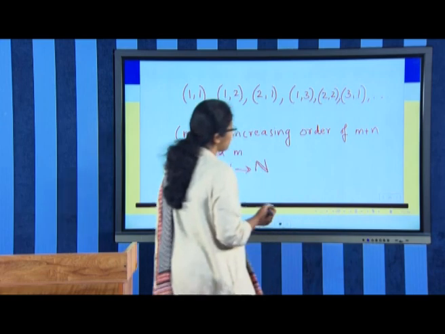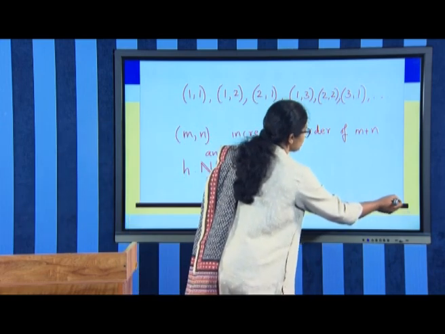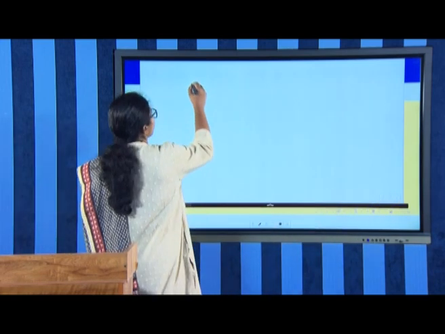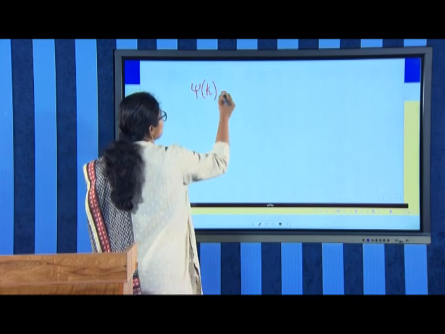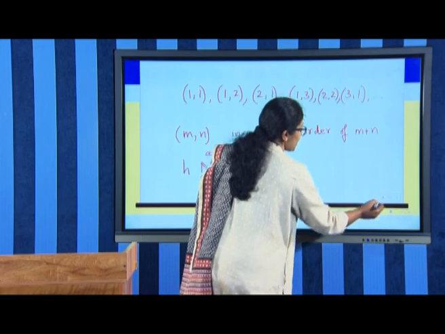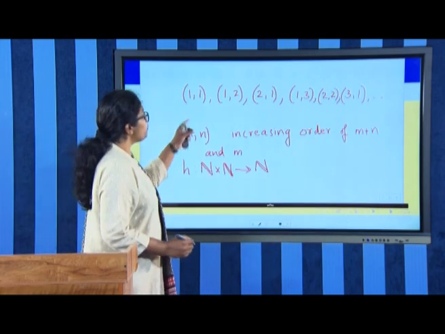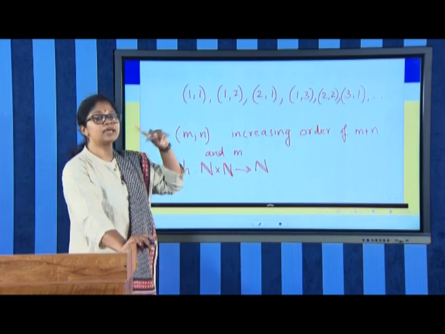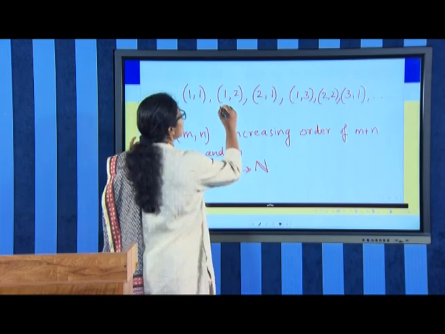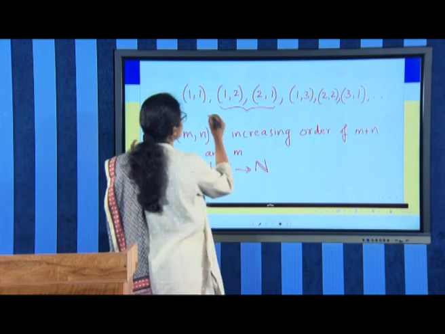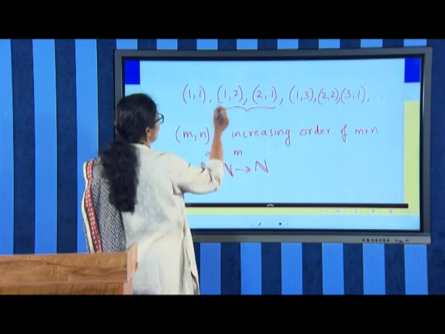So, suppose we define a function psi of k. We can see the first diagonal has a single element (1, 1). The second diagonal has 2 elements, namely (1, 2) and (2, 1).